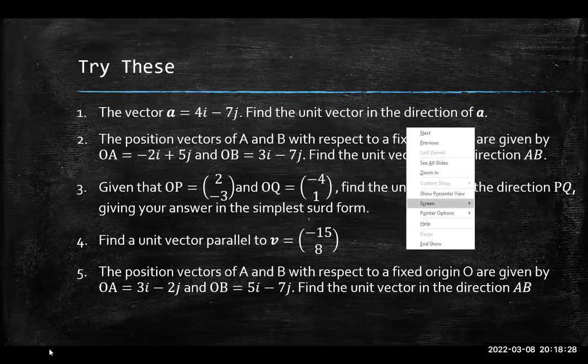I think this is the last question for unit vectors. Just to let you know, these questions are past paper questions, worth 3 and 4 marks. So if you were able to do them, you are good to go.